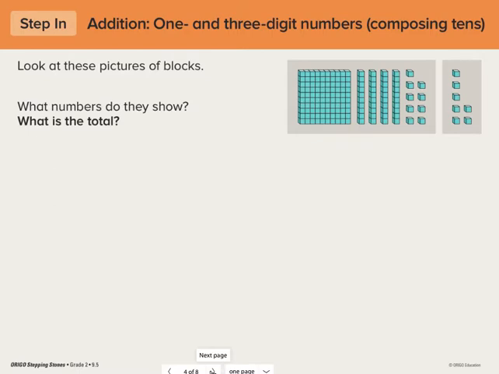Okay. So if we have our 149 blocks, and then we're adding 7 of them, what would be a quick way to add these together? What do you think? You can take a minute and pause the video if you want some more time to think about it.